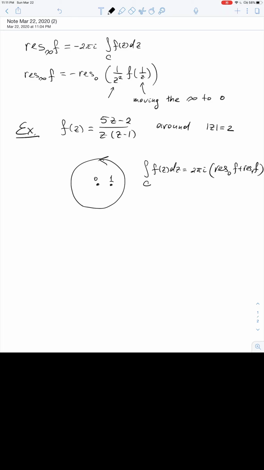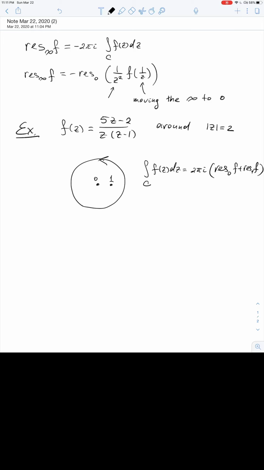And we actually computed these residues and computed the integral.